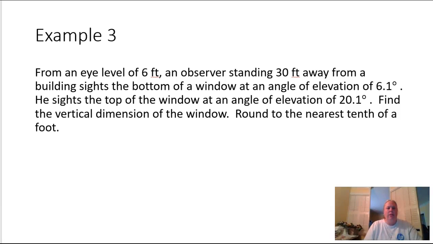All right, let's see if we can get a picture drawn here of what's going on. If the person's line of sight goes directly this way, then they sight the bottom of the window. This is going to be 6.1 degrees right here. And then they sight the top of the window. This whole angle is going to be 20.1 degrees. So here's the actual window.